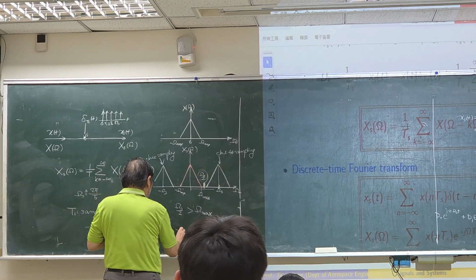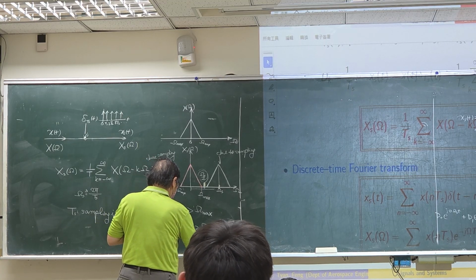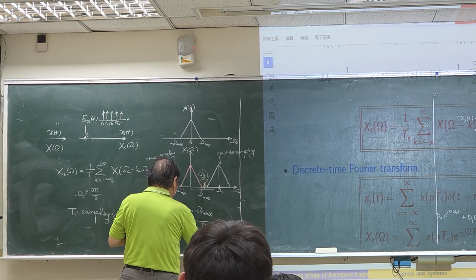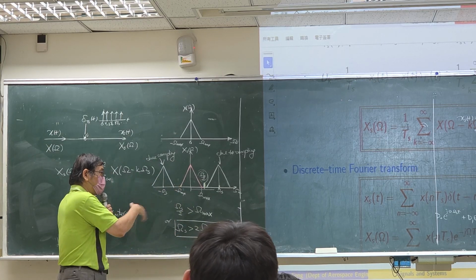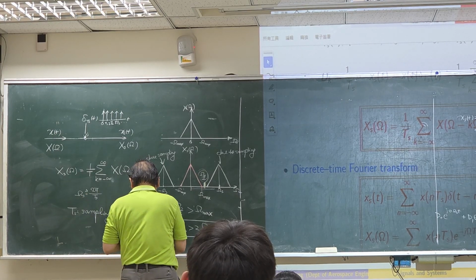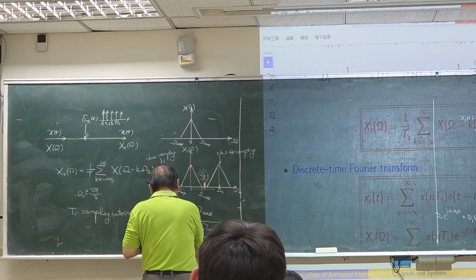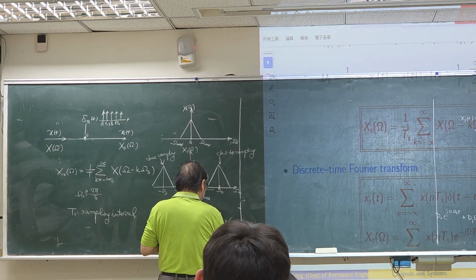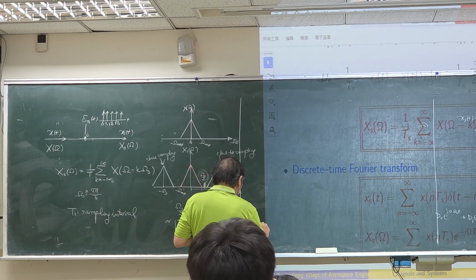So omega s bigger than 2 times omega max. This is the so-called Nyquist sampling theory. Okay, I explain this just by using a figure. There are some other rigorous procedures for that. So this is the Nyquist sampling.